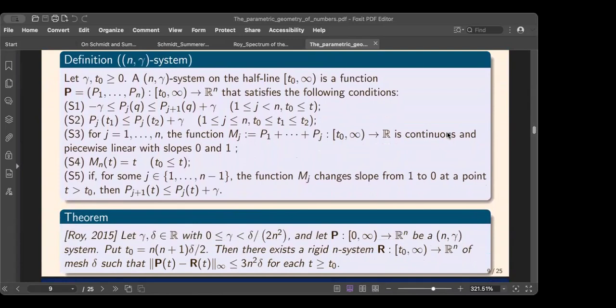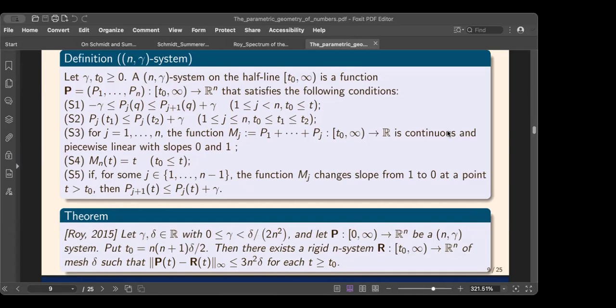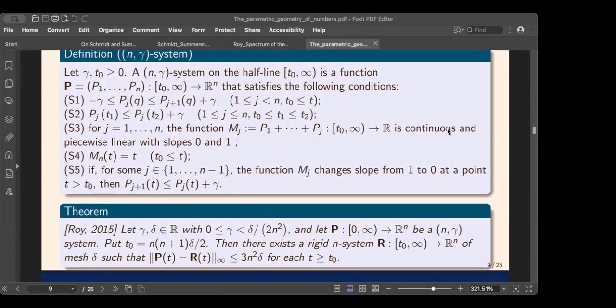The next theorem states that for a general N-gamma system, he can use the previous rigid N system to approximate it with a bounded difference. This is a wonderful statement. All the constants are explicit.